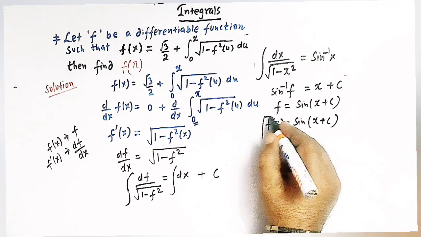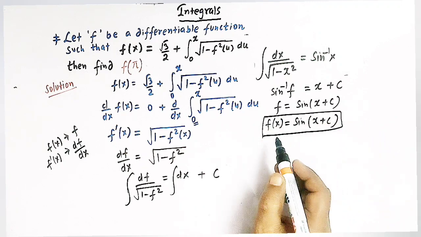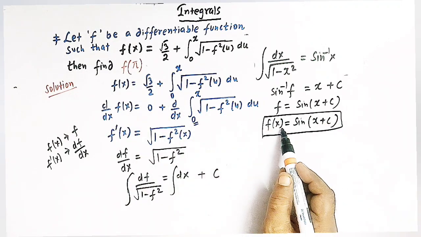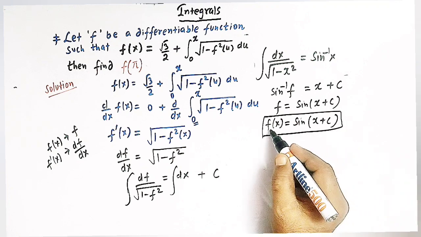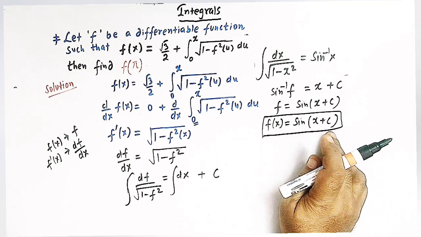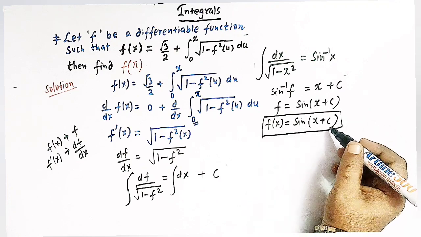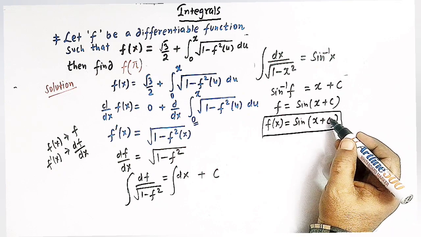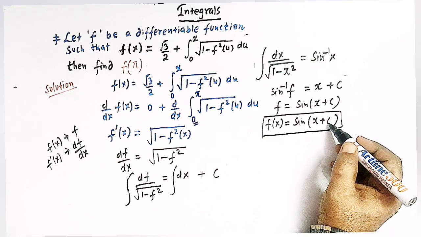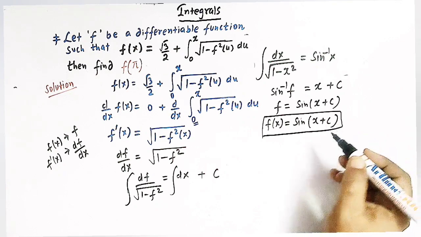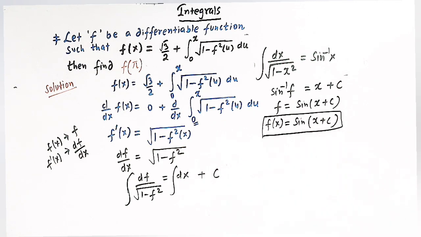So this is the form of the function f of x, and we can see that f of x is a sine function. Now our next aim is to get the value of this constant of integration c, right? So let us find out this c with the help of some condition.